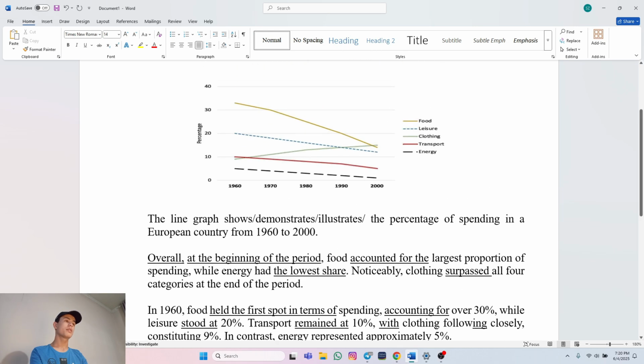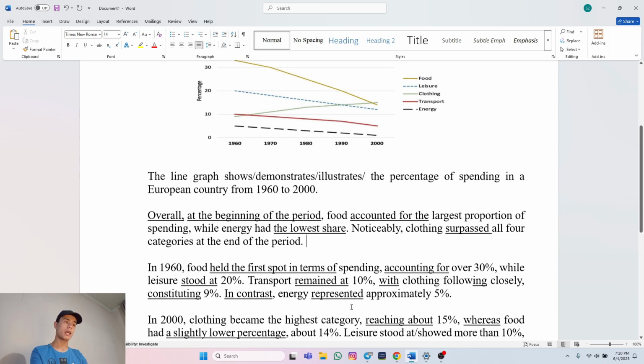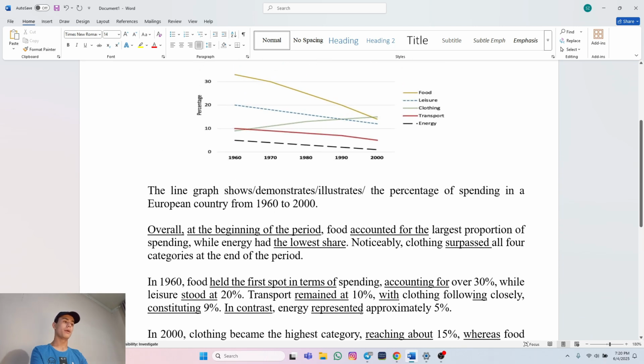And it means 5%. Represented, illustrated, demonstrated, showed, had, mean the same. So you can use all of them. Like this: had, showed. Okay? You can write like this.